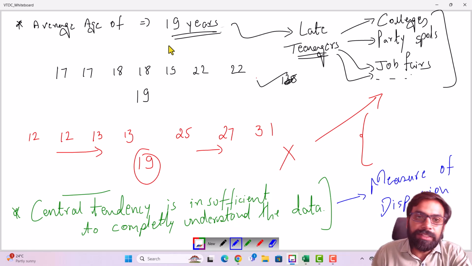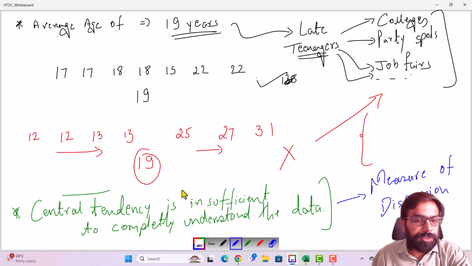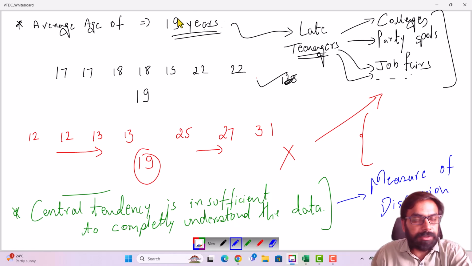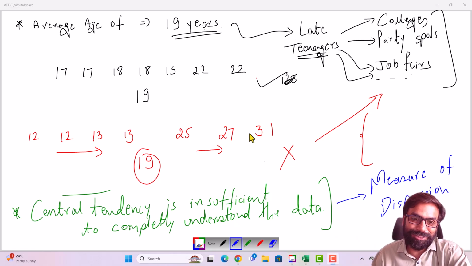So one way of understanding the data is to calculate the mean, but we just found that it might or might not be sufficient. It cannot guarantee that I can take action based on this number. Simple as that. What else do I need to know about my data is what I'm going to see in the measure of dispersion. Let's see that.